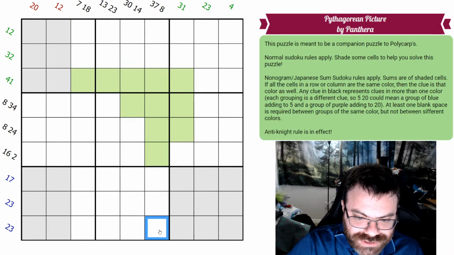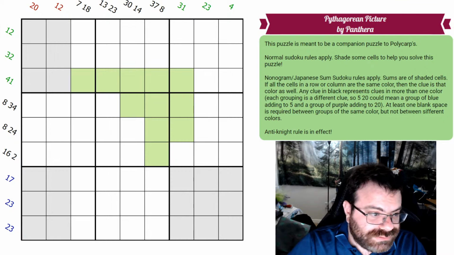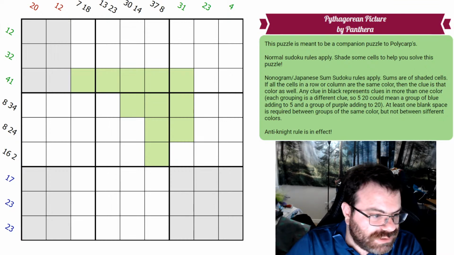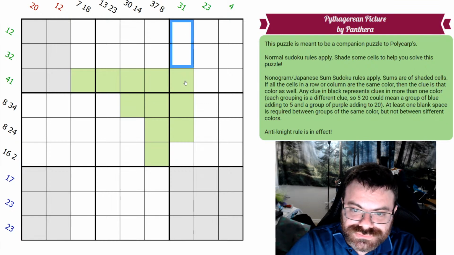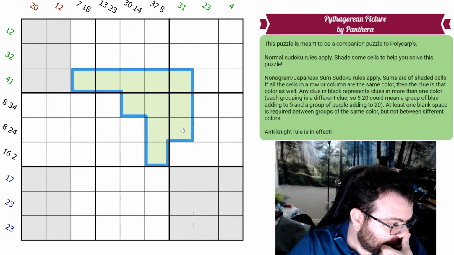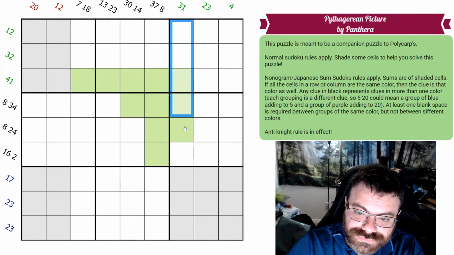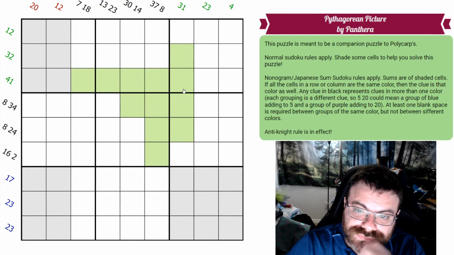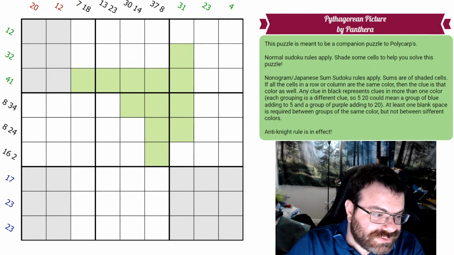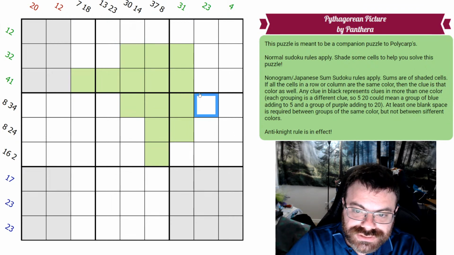We don't know which one it's part of. 31. 31 must be 5 long. We don't quite know. 1, 2, 3, 4, 5. So it takes this one. 32 is also 5 long. So it takes these two at least.